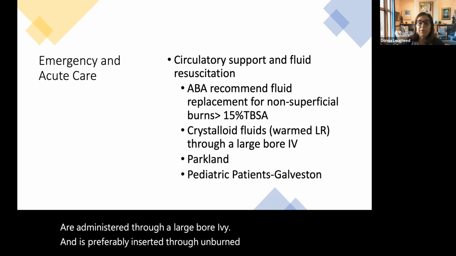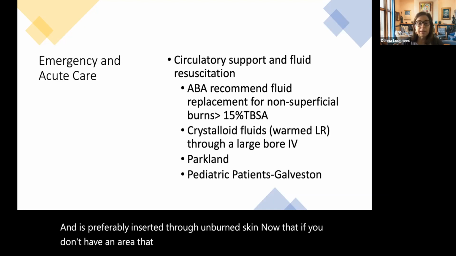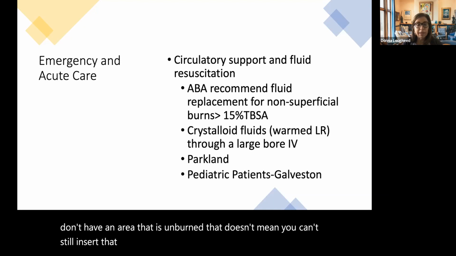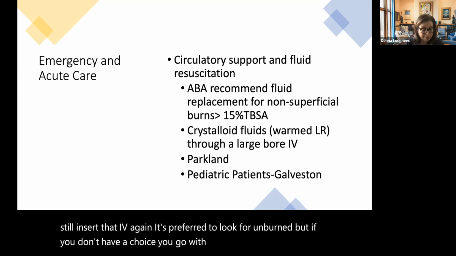Now if you don't have an area that is unburned, that doesn't mean you can't still insert that IV. Again, it's preferred to look for unburned, but if you don't have a choice, you go with your best possible.